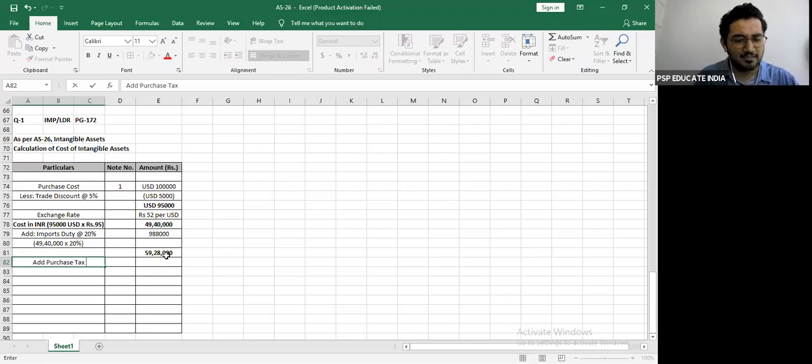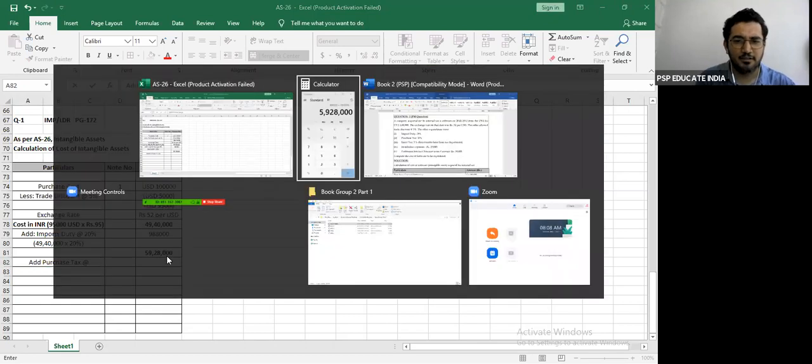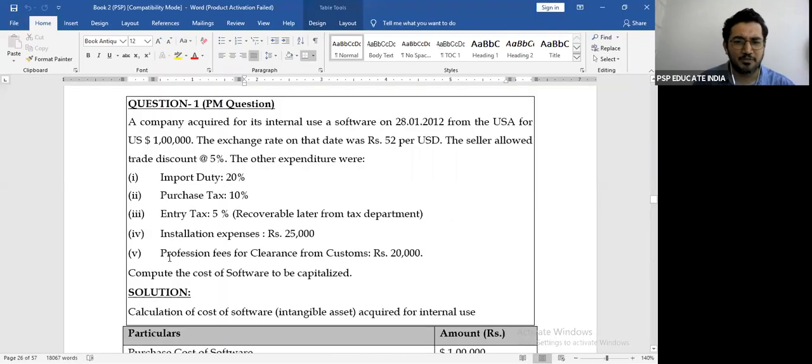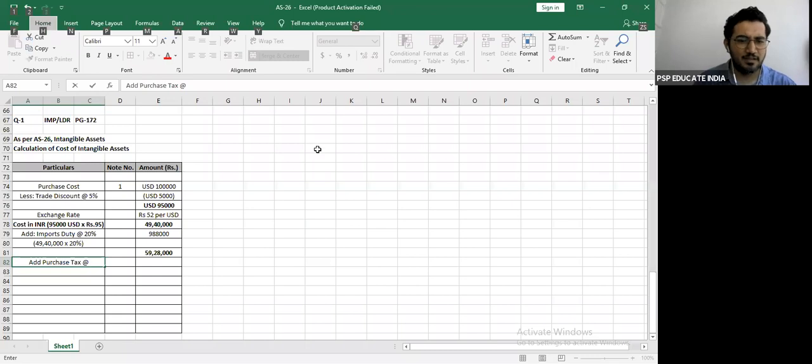To this we will add purchase tax. What's your rate of purchase tax? 10%. So put over here 10%. Now purchase tax will be on 59 lakh 28,000. Be careful with that. Don't make that silly mistake.